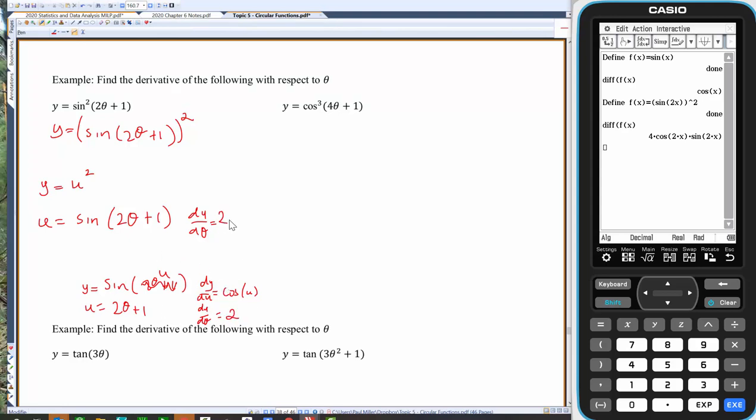So our derivative is going to be 2 cosine with the u sub, which is 2 theta plus 1.